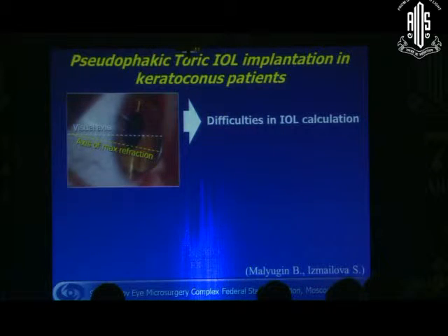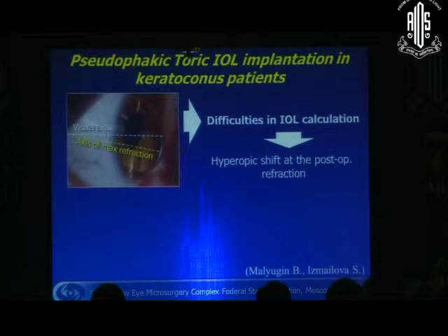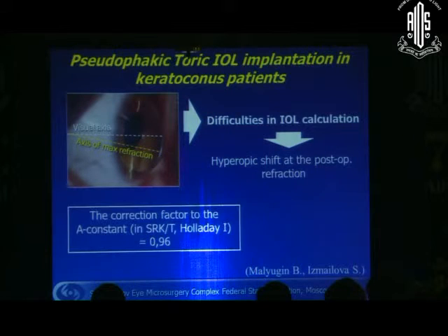It's well known that it's a very difficult problem to calculate the power of the toric component of the IOL due to the difference between the visual axis and the axis of maximal refraction of the keratoconic eye. And usually some surgeons see a hyperopic shift of the post-op refraction.